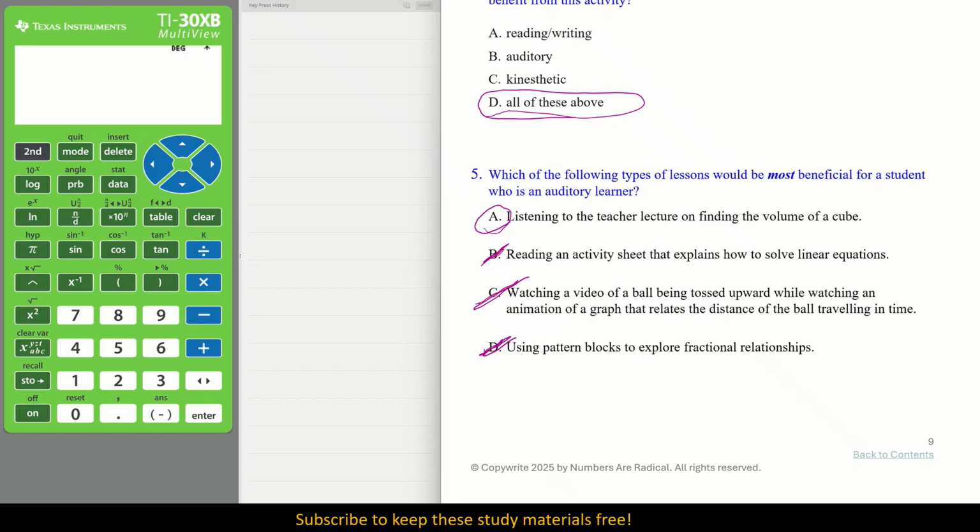Okay. And I hope you understand the difference between A and C. C, because they're saying that they're watching an animation and they're not watching and listening to a person, like when the teacher's describing. So, really, A is better, even though it says lecture, because it says finding the volume of a cube.